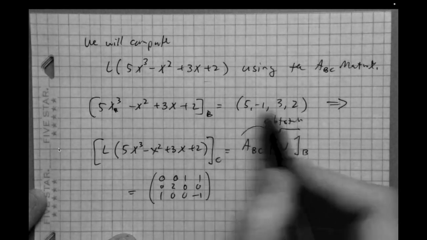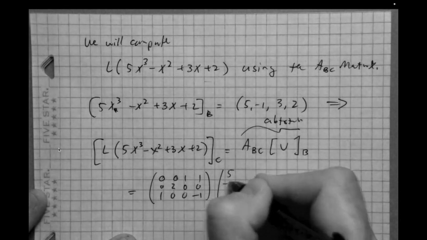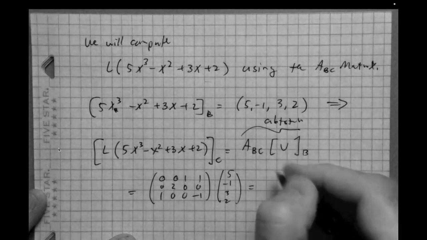We're going to multiply by this 5, -1, 3, 2.